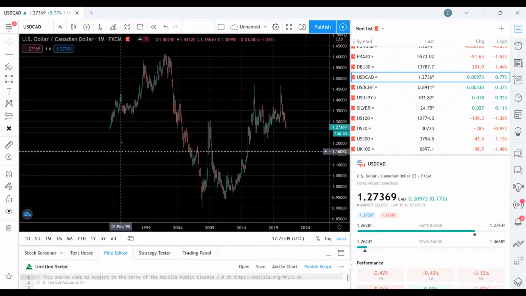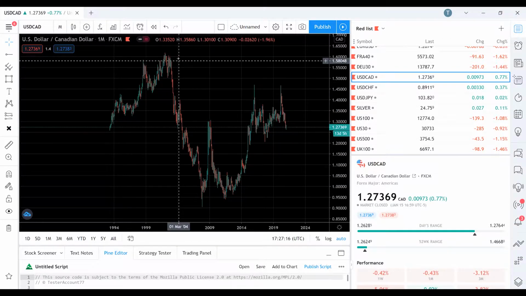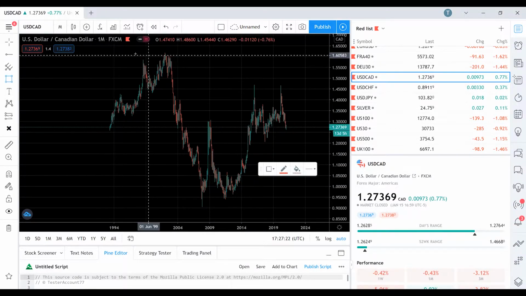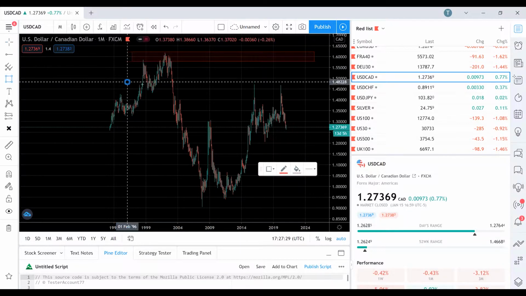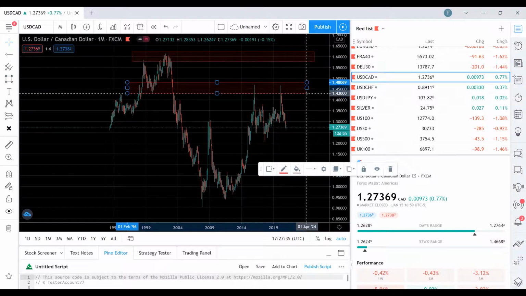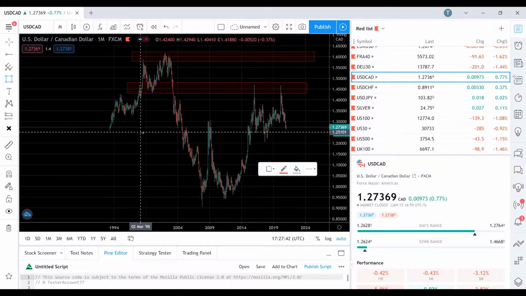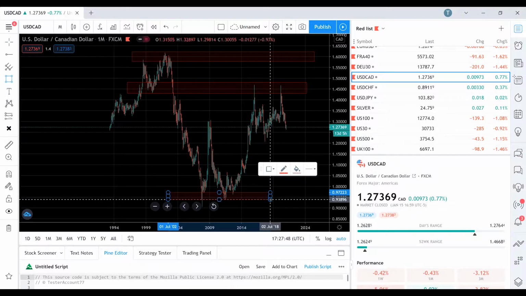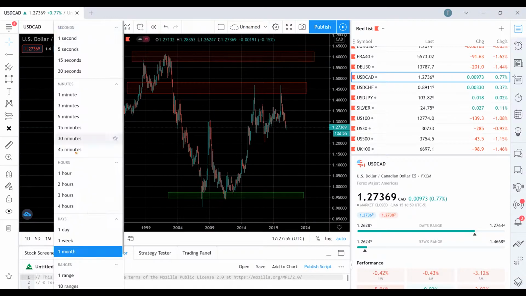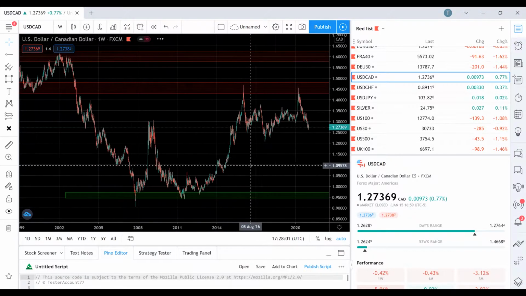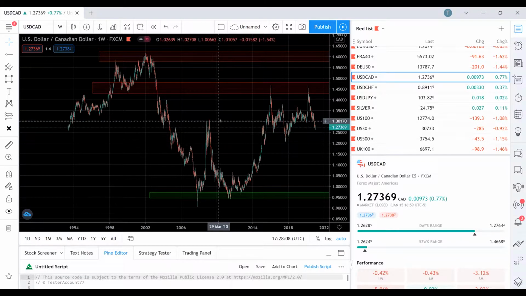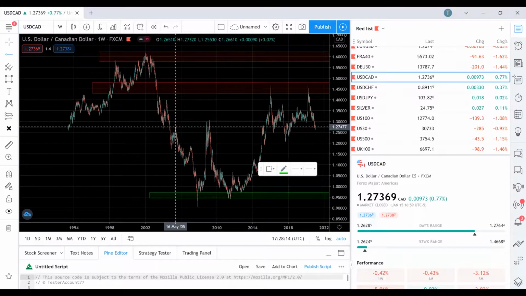USDCAD, start on the monthly. Sell zone here. Sell zone here. Buy zone here. Move to the weekly. Support here.